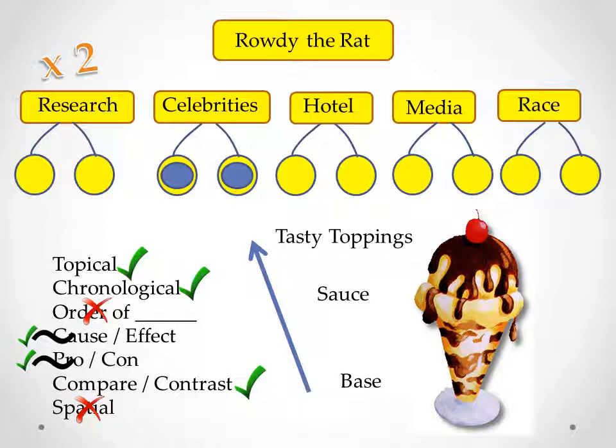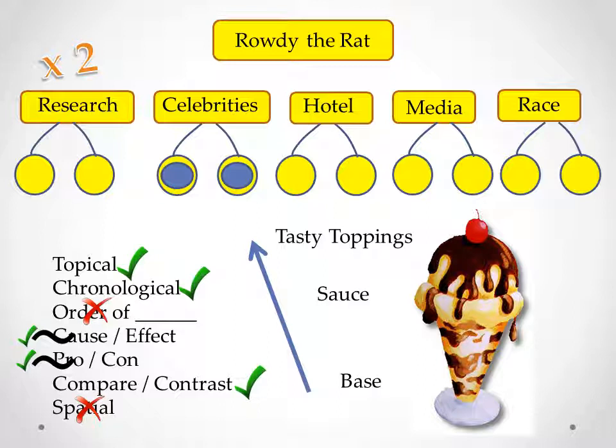That's chronological. But if throughout the speech, throughout the presentation, we used words that indicated motion, that indicated moving from the bottom to the top, now that we've established our base, let's move up to the special sauce. That indicates movement.